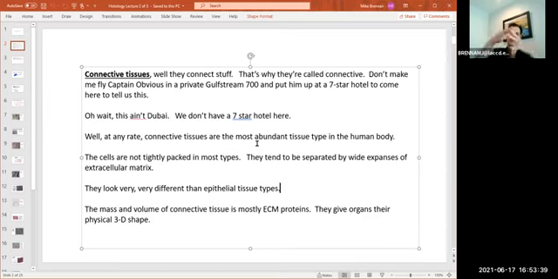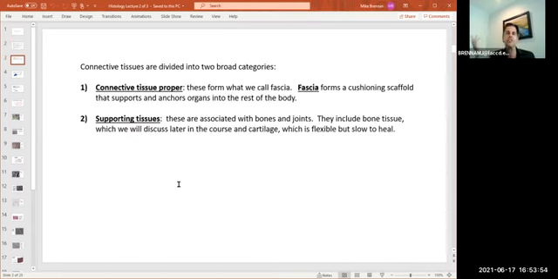So this stuff forms the physical three-dimensional shape of organs. Again, connective tissue is mostly extracellular matrix or ECM proteins. And whether it's a bone, a muscle, heart, lungs, liver, stomach, whatever, lymph nodes, hair follicles, this connective tissue is what gives organs their physical three-dimensional shape.